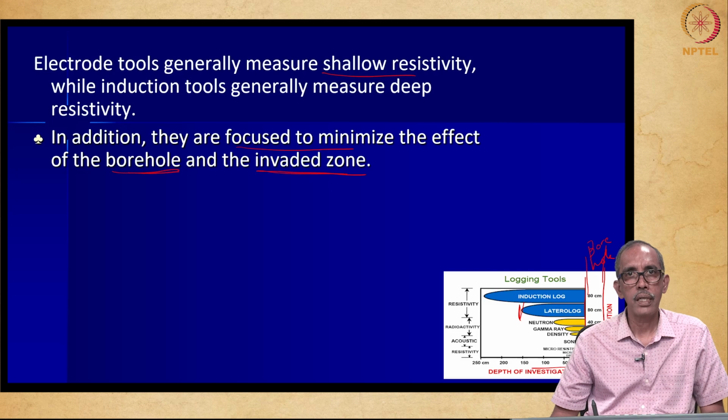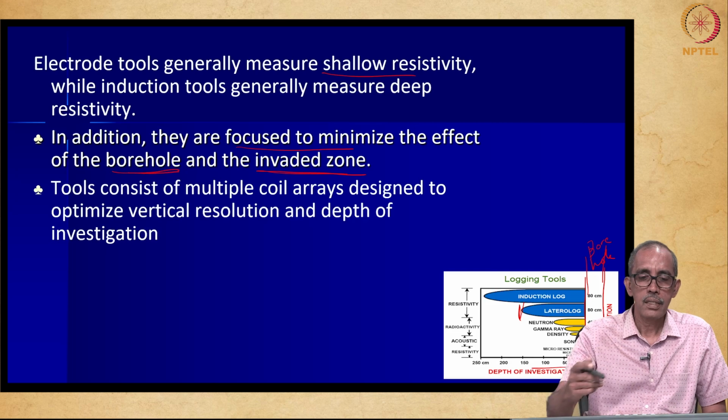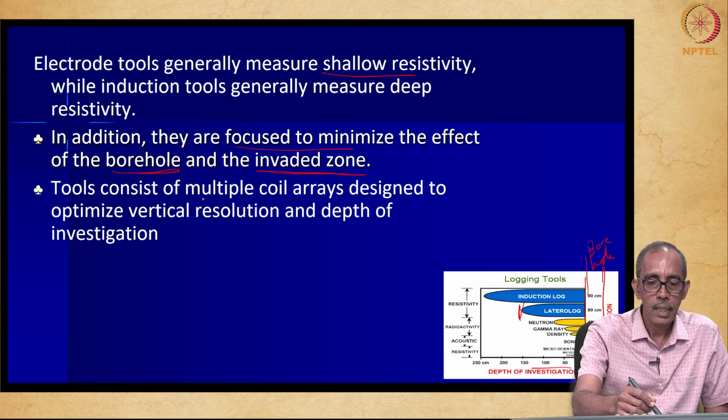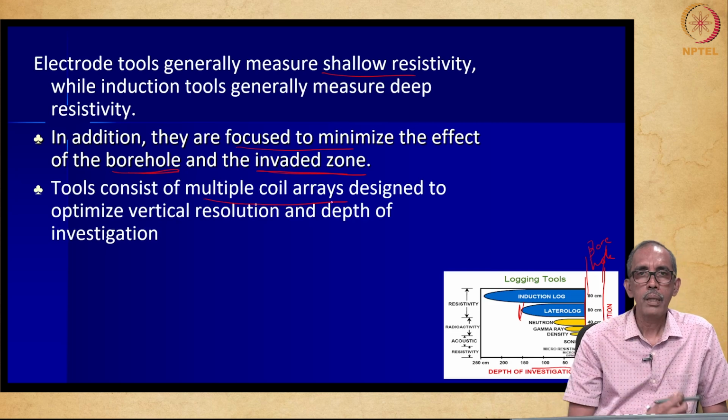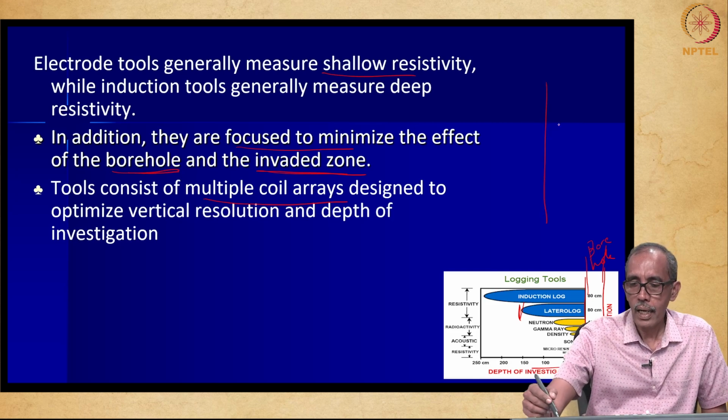How, we are going to see a little later: we are able to achieve this by tools consisting of multiple coil arrays. That means you will have a transmitter at the bottom and there are different receivers.